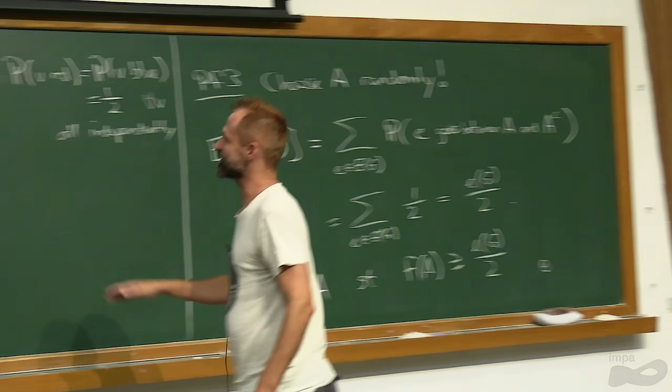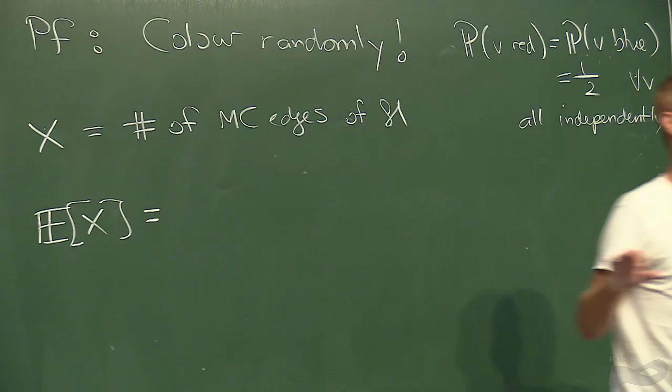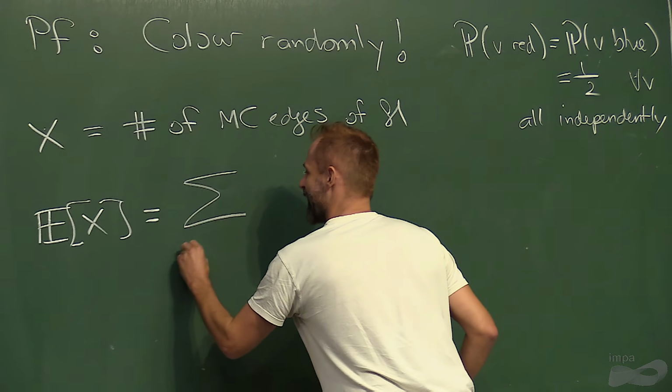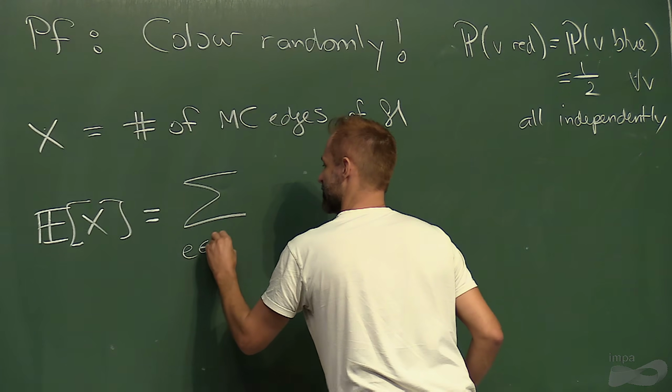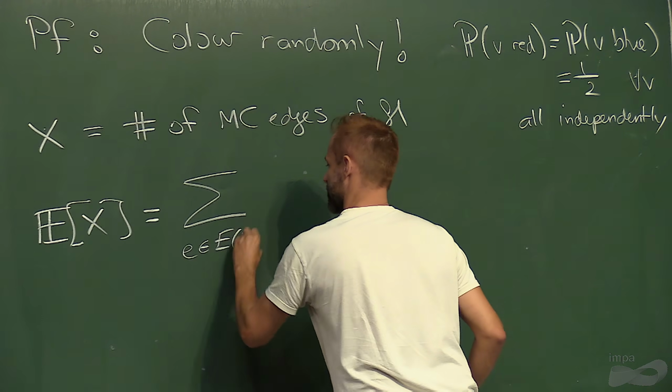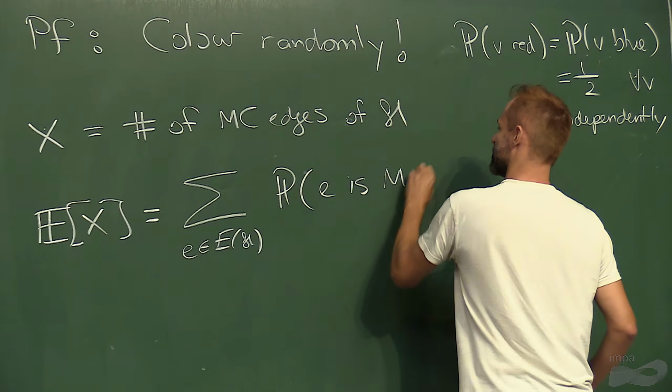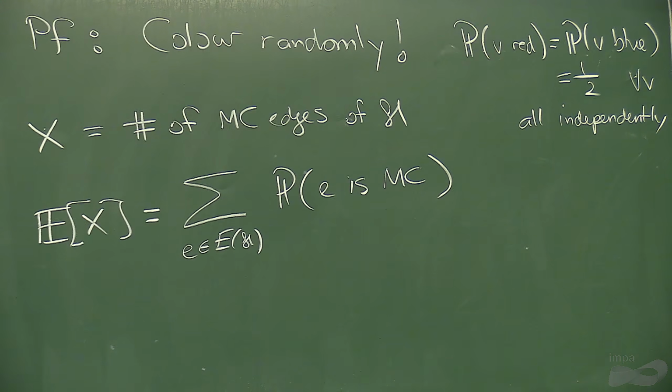So if X is the number of monochromatic edges, the expectation is just the sum over edges of the probability that E is monochromatic. Okay, what is the probability that E is monochromatic?